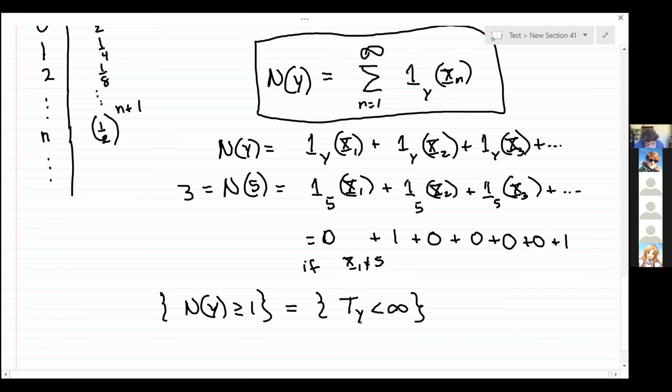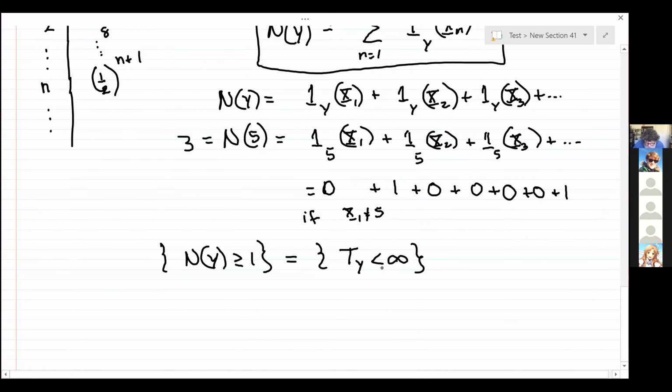This is the first hitting time. And this says the first hitting time is finite. Which means the first hitting time could be 1, could be 2, but it could be a finite number. What is this saying? This is saying the number of times you visit Y is greater than or equal to 1.